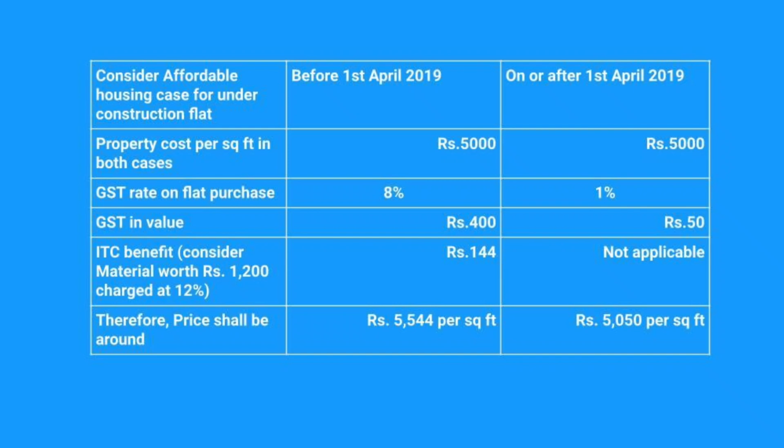Therefore, price shall be around Rs 5,544 per square feet before 1st April 2019, whereas it will be Rs 5,050 after 1st April 2019. So you see there is a price drop. However, in the scenario after 1st April 2019, we are considering without the ITC benefit, so margin may be more also in this case.